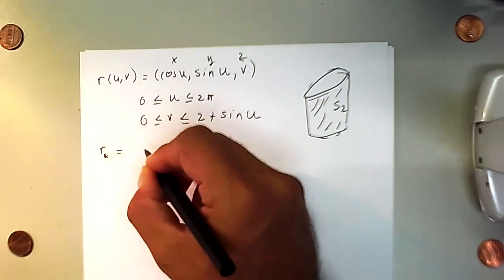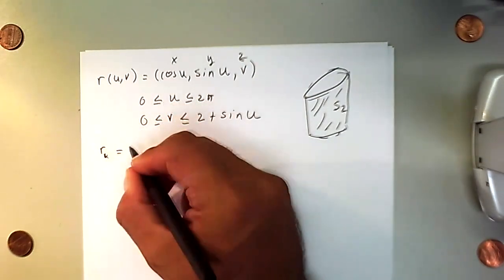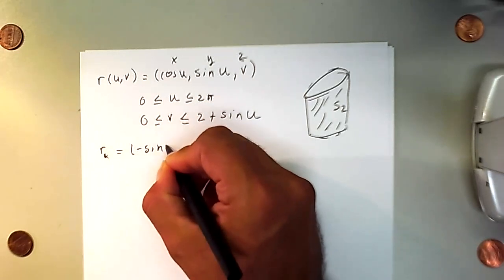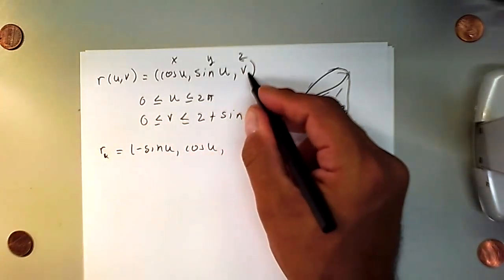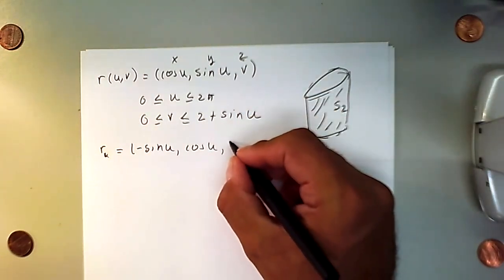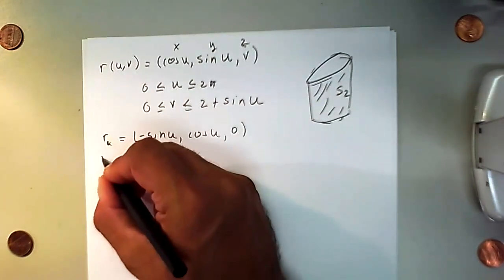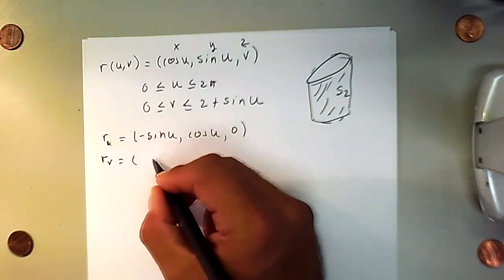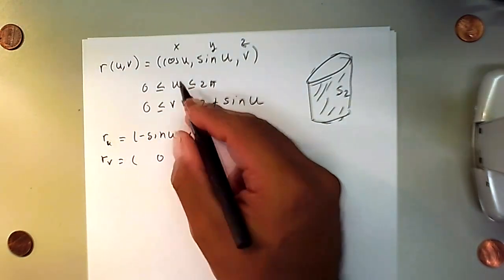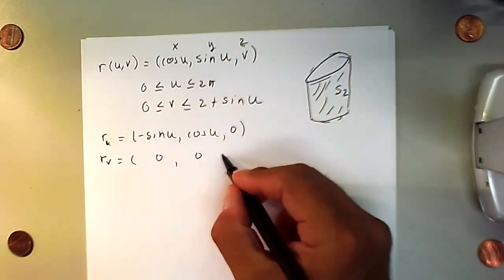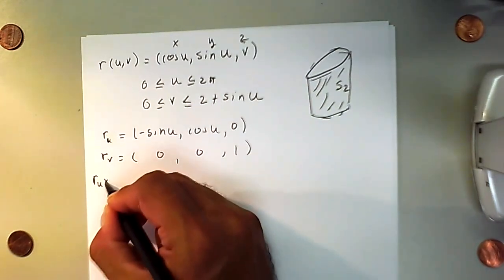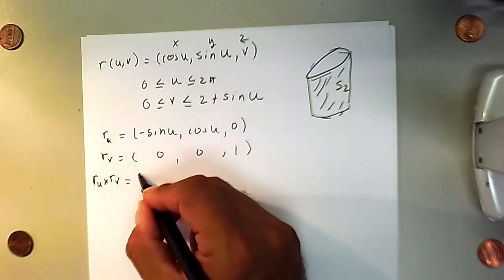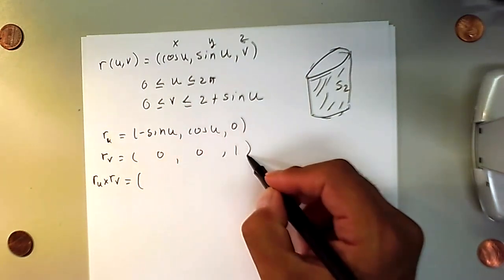And that would be negative sine u, cosine u, and the derivative of v with respect to u will be 0. R sub v, well, that would be 0, 0, because there's no v's, and 1. R sub u crossed r sub v. Okay, so that is cosine of u.